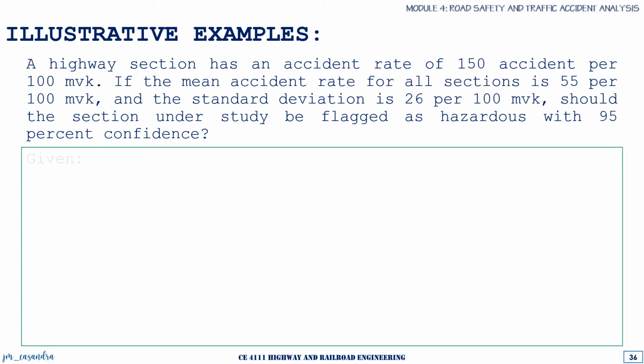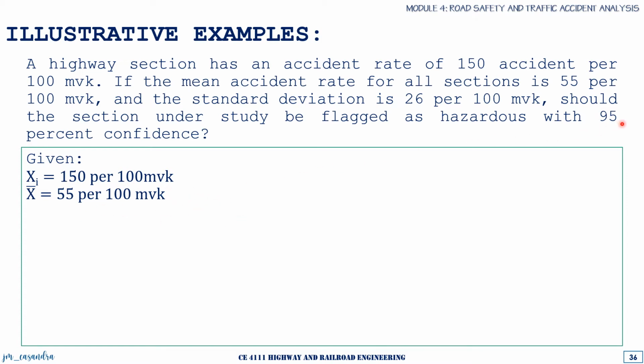So for our solution, we are going to use now the classical statistical method. So we're given x sub i at 150 per 100 MVK. And we're also given an average or mean accident rate of 55 per 100 MVK.